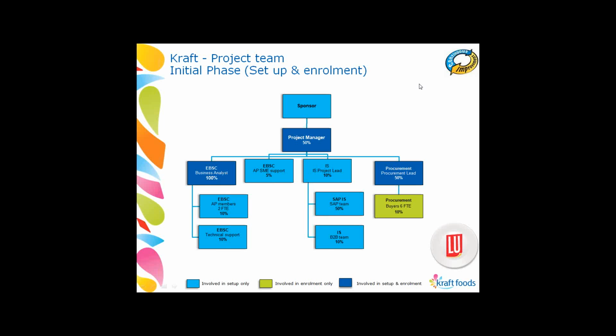What I would like to highlight here is that the SAP IS team was working 50%, which is quite a big dedication during the initial phase, because we were developing automatic software or functionality to enable receiving files from OB10 and going through the system automatically.